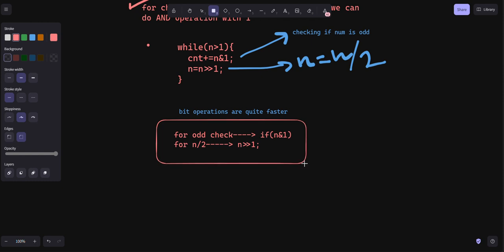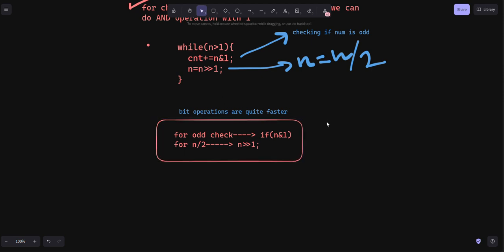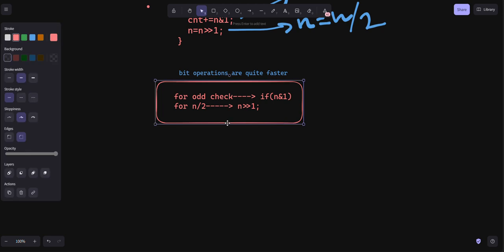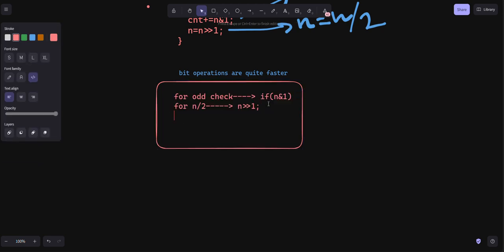So please keep a note of this. Also, I forgot one more operation. Like you usually used to do low plus high by 2, right? Instead of this, what they use is low plus high, right shift by 1.